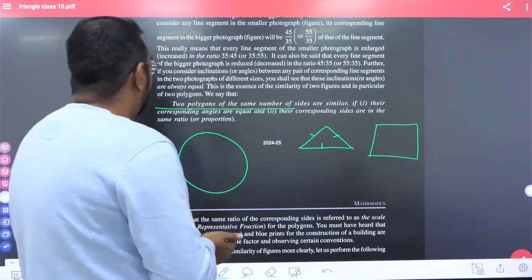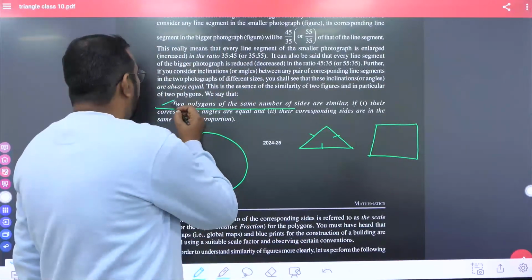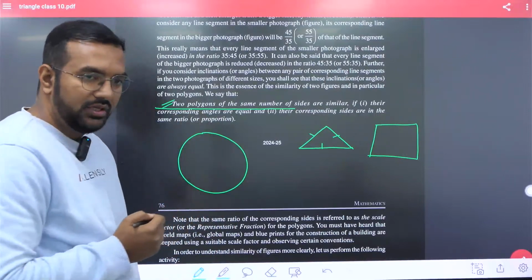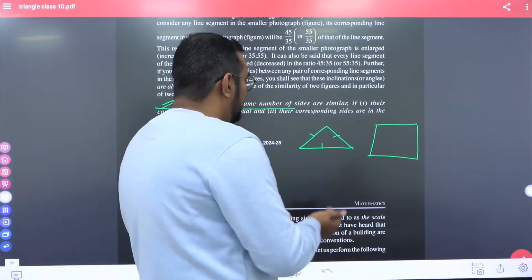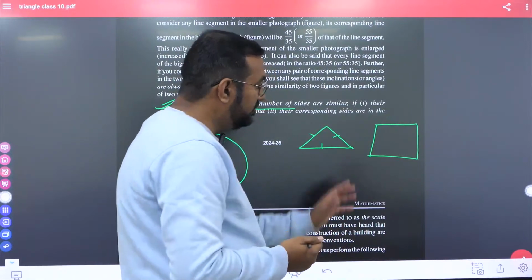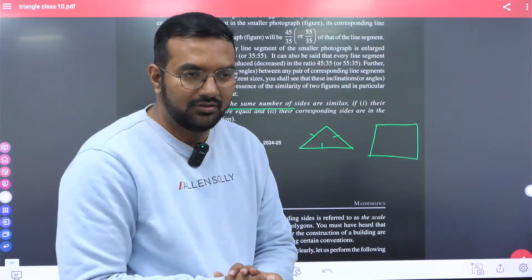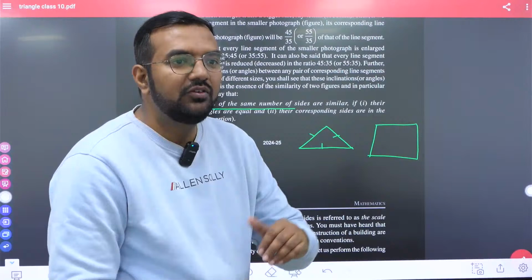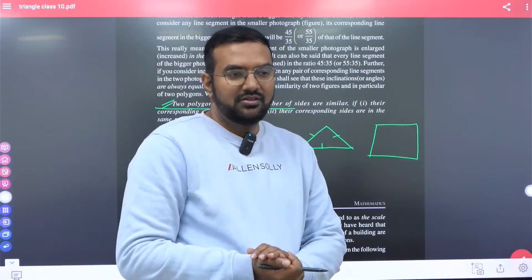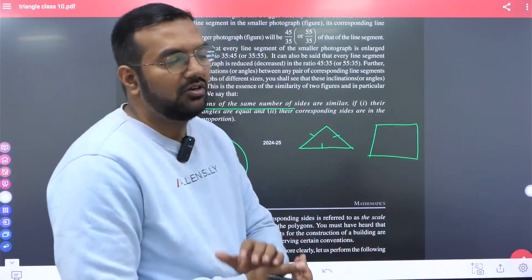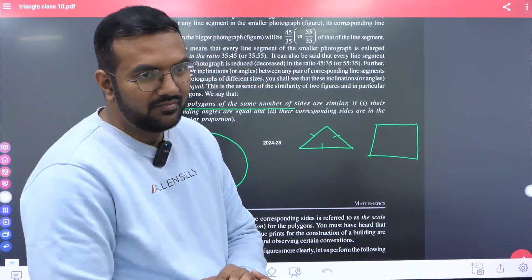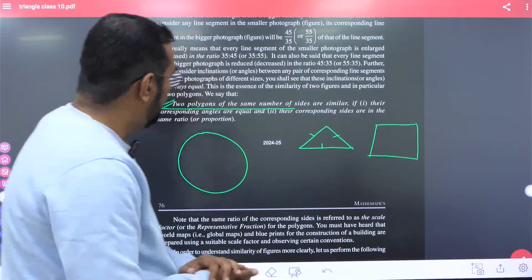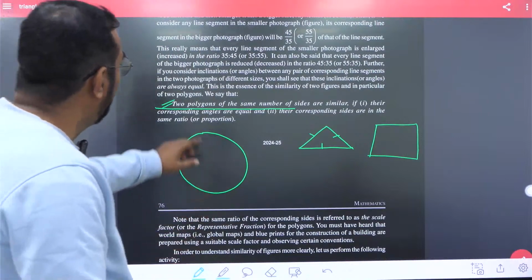Now the topic is: you have two polygons, and someone asks whether these two polygons are similar or not. How will you identify that?